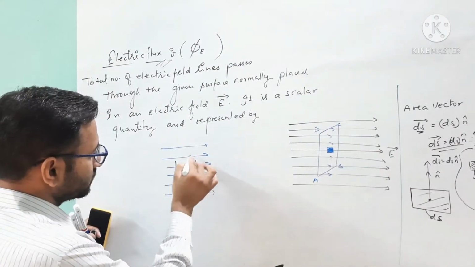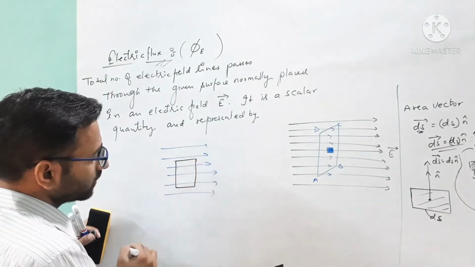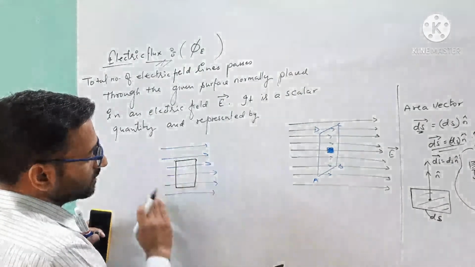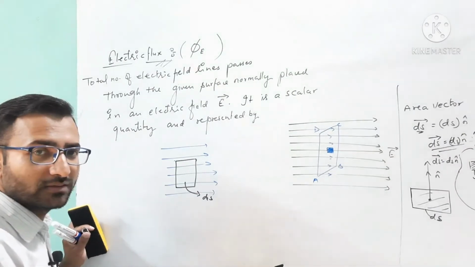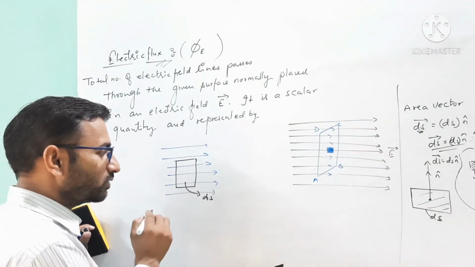The electric field lines pass through it, and its surface area is dS.